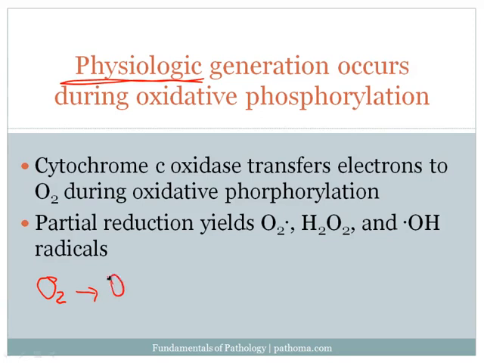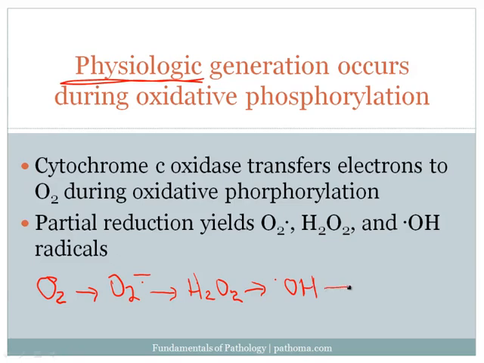Let's take a moment to remind ourselves that if this is oxygen here, if oxygen accepts 1 electron, then it becomes something called superoxide. If it accepts 2 electrons, it then becomes hydrogen peroxide. If it accepts 3 electrons, it becomes hydroxyl ion.